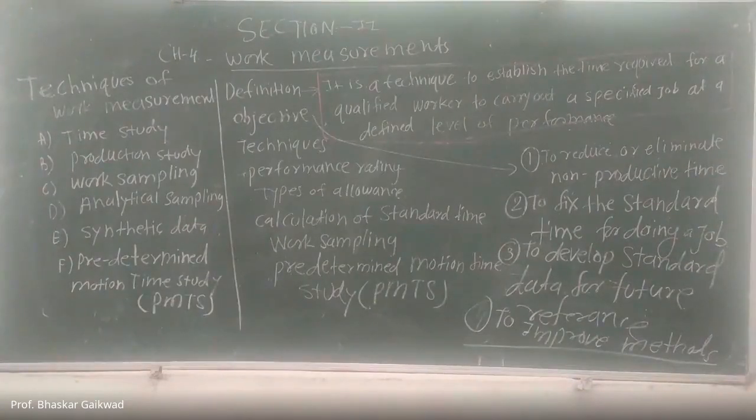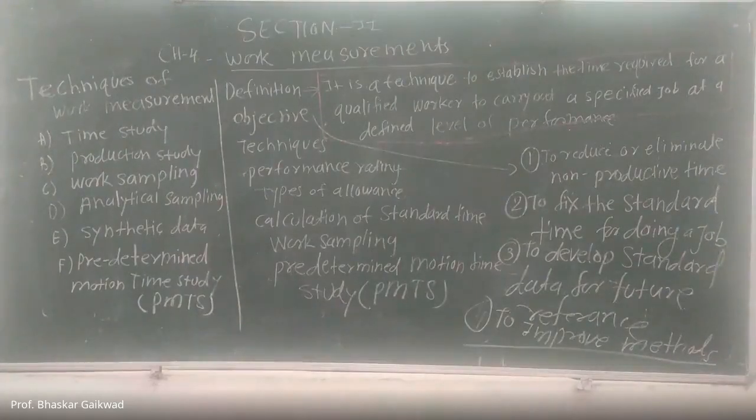Suppose a bearing manufacturing industry is there. So how much time is required to manufacture one bearing? How to calculate? Initially there is a need of study. We have to manufacture that bearing with qualified workers, 100% efficiency persons, and all other ideal conditions.